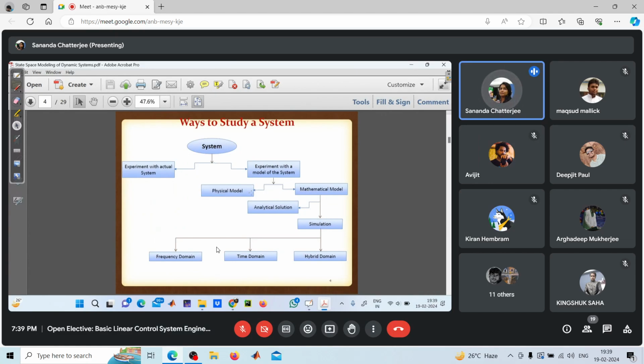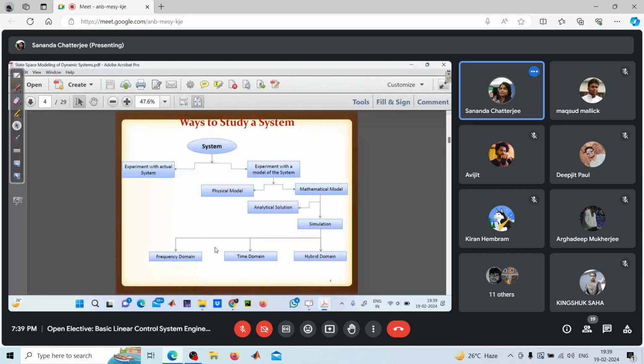In the last class we discussed that a physical model, in the case of mechanical students, you have already told me that you deal with physical models of systems. In civil engineering also, it is more on physical models.